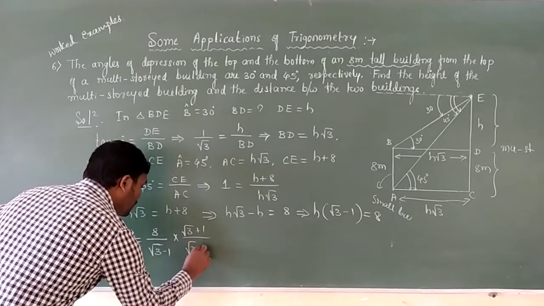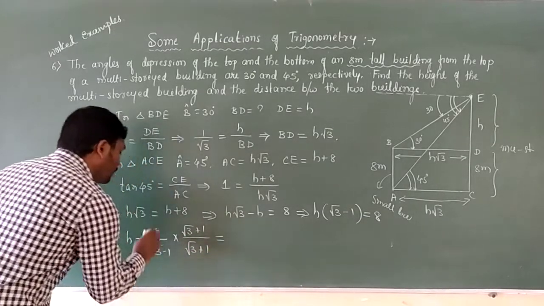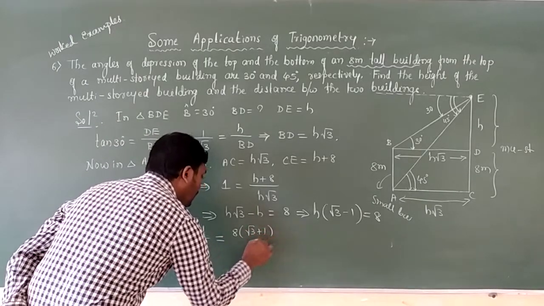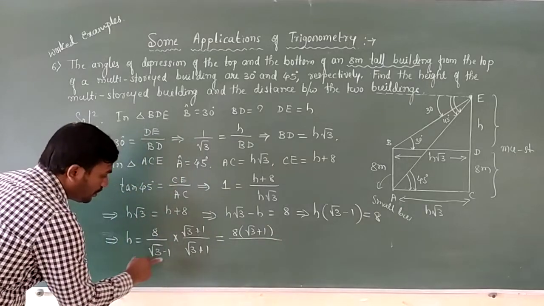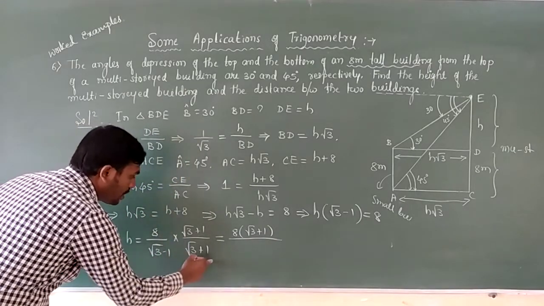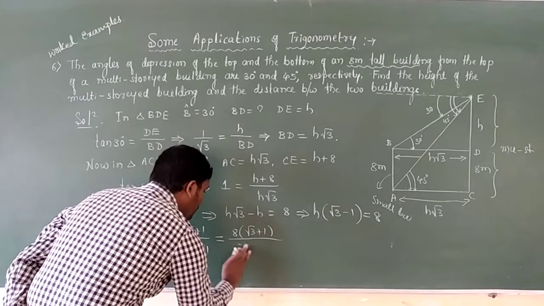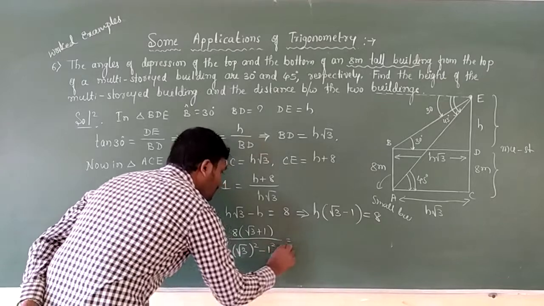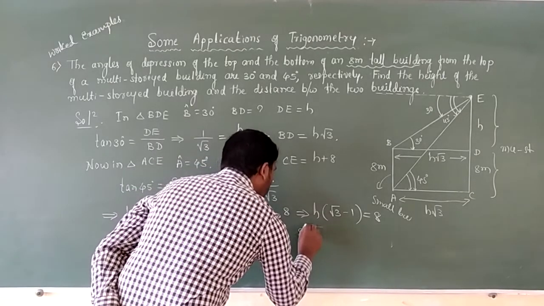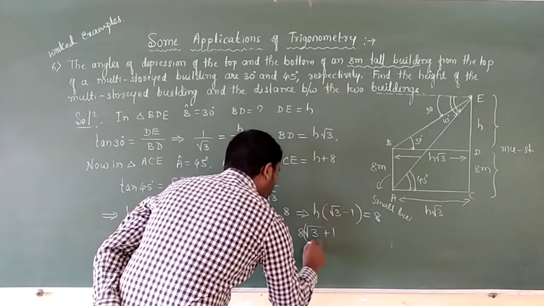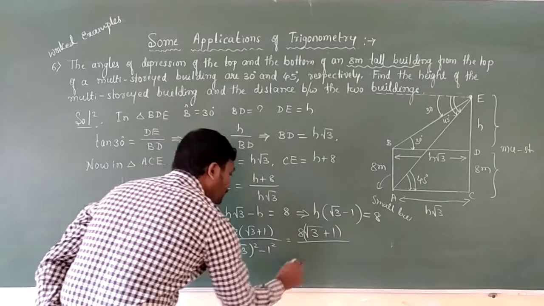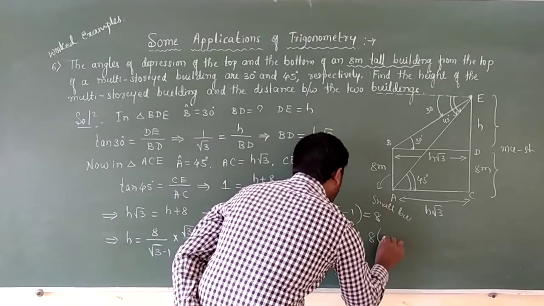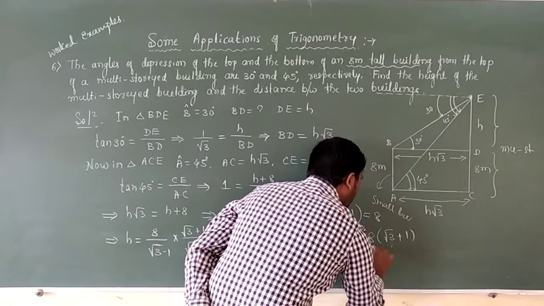So this is 8 into (root 3 plus 1) divided by, in the form (a minus b)(a plus b), a square minus b square, root 3 square minus 1 square, which is 3 minus 1, that is 2.